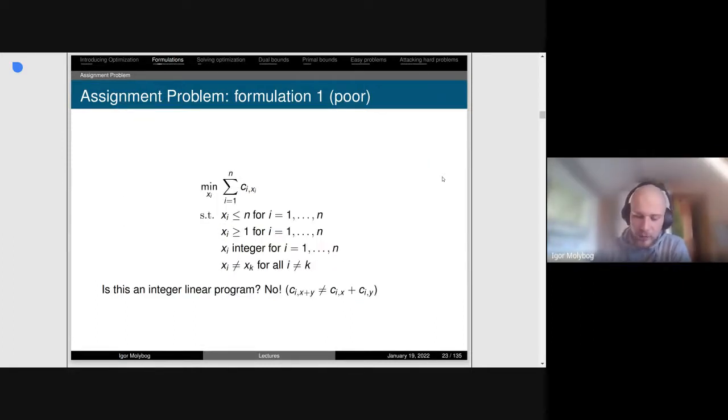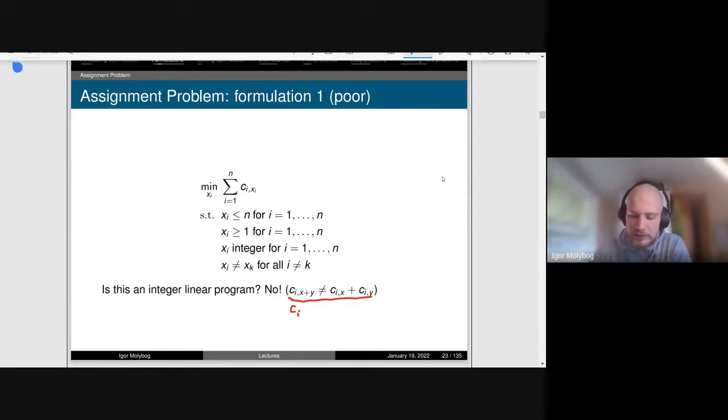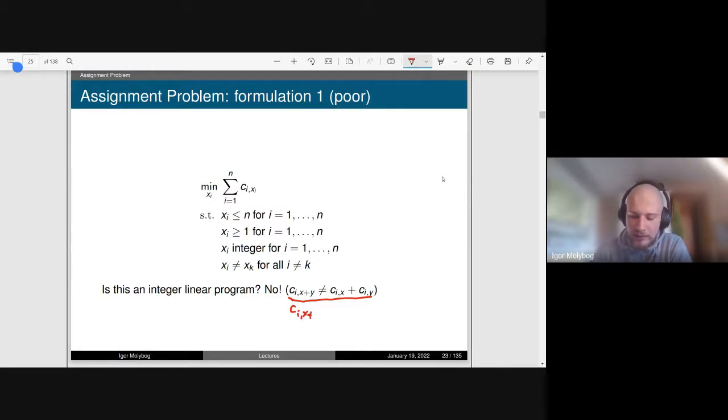So for this objective to be linear, we would need ci comma x plus y to be equal to ci x plus ci y, just because, as we have seen before, we said that a function is linear if f0 of x plus f0 of y is equal to f0 of x plus y, which clearly does not hold here.